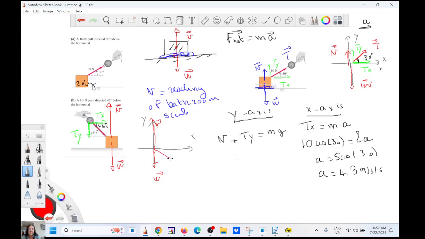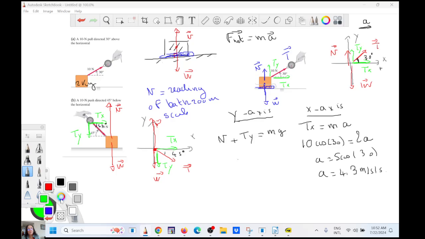So now you have here tension. Always attach the tail here to the origin, and this is 45 degrees. So it has, again, two components. One component is making the forward motion happen and is responsible for the acceleration, and it's also pushing down.